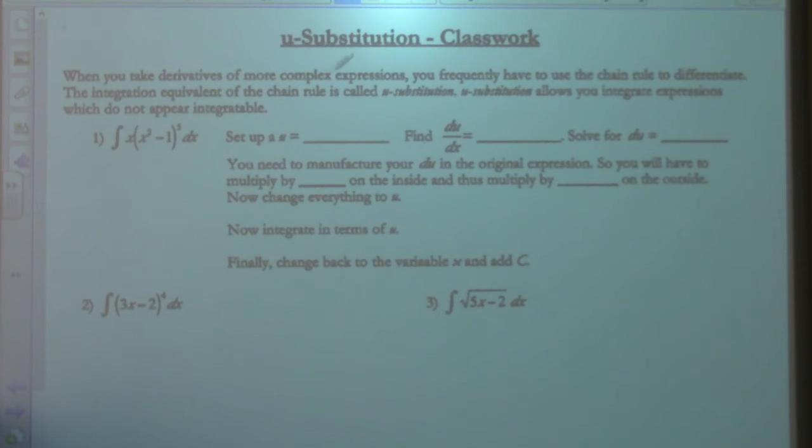If you look at the classwork one, what are you going to have be your U for this one? Yeah, so x squared minus 1. So I want you to try to work that out.